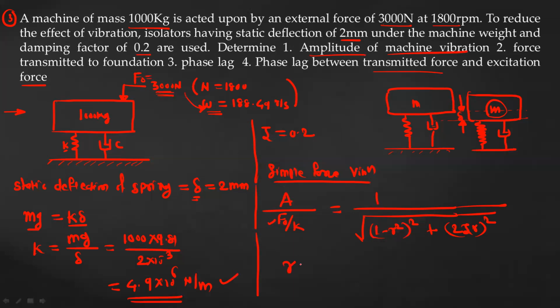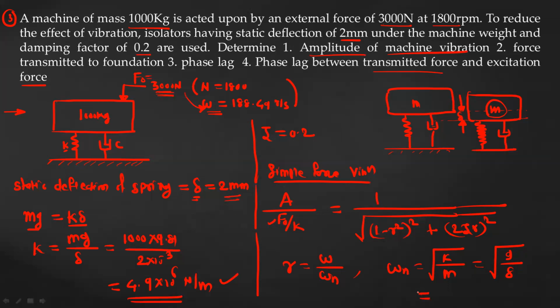R is the frequency ratio, omega upon omega n. So we have to calculate omega n. Omega n is the square root of k upon m, or you can use the square root of g upon delta. You can use any one equation, and you will get the same answer.